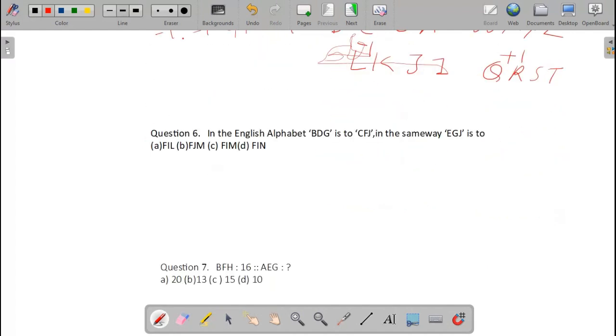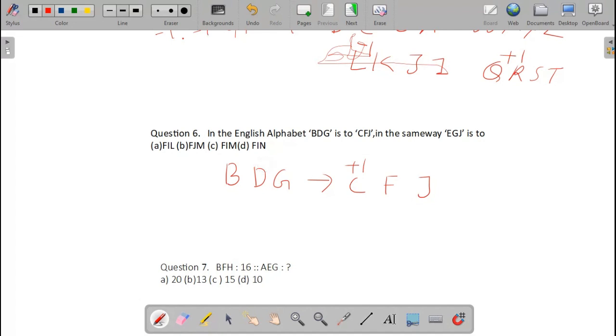Next one. In the English alphabet, B, E, Z is to C, F, J. See the difference. After B, it is C. So this is plus 1.